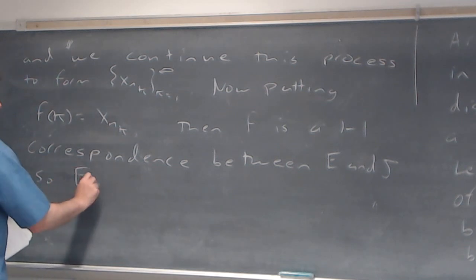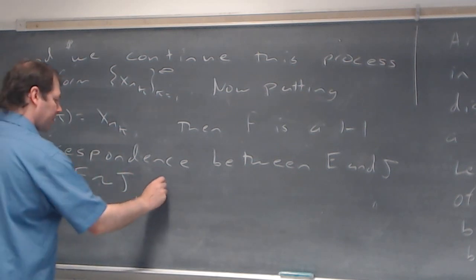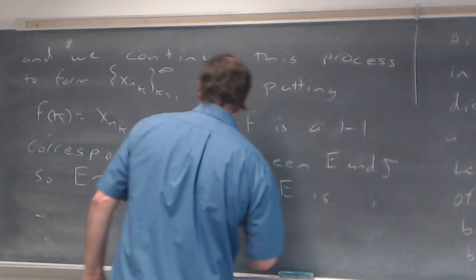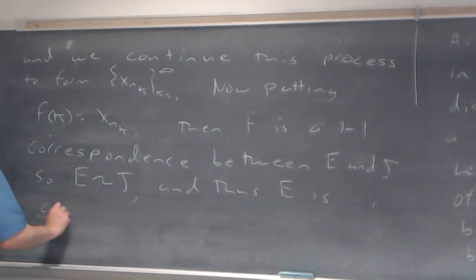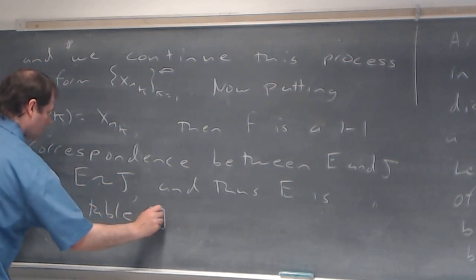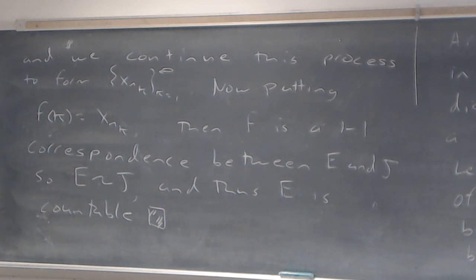So E is equivalent to J, and thus E is countable. So that's that proof.